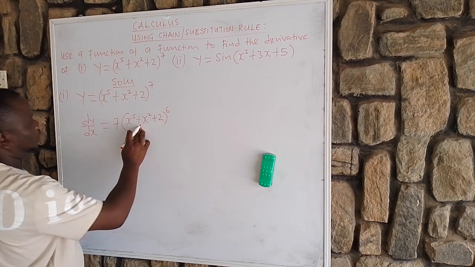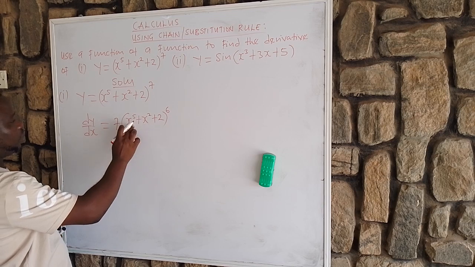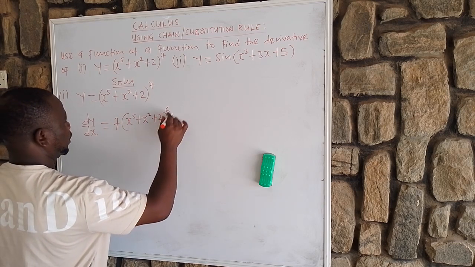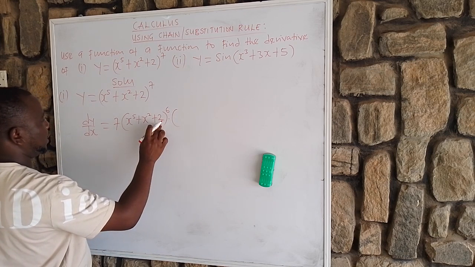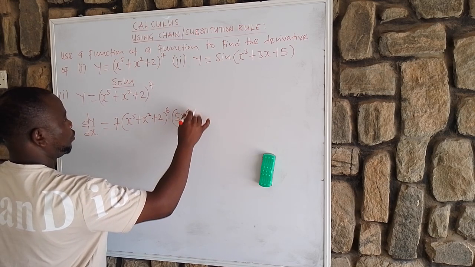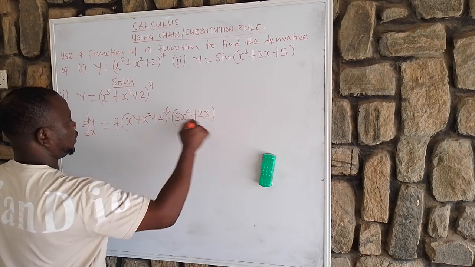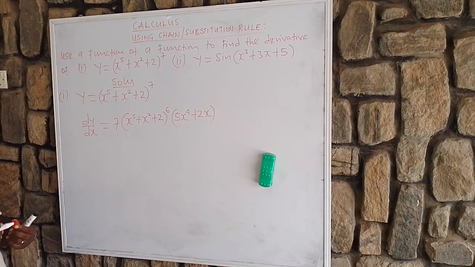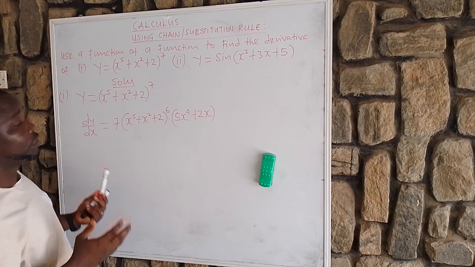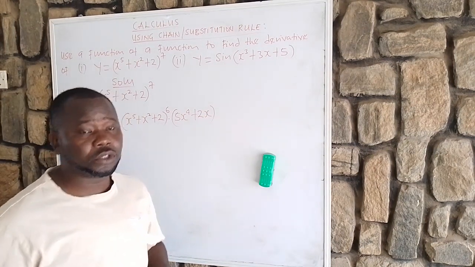Then you come back to the bracket and differentiate what is inside it, which gives 5x to the power 4 plus 2x. This will be your answer without using function of a function, that is, without using chain rule substitution.